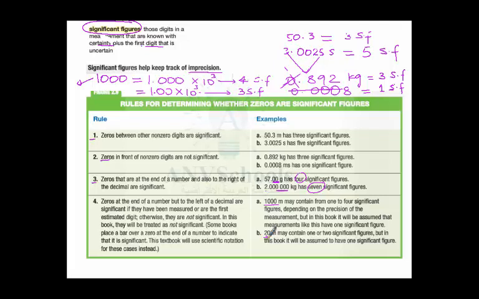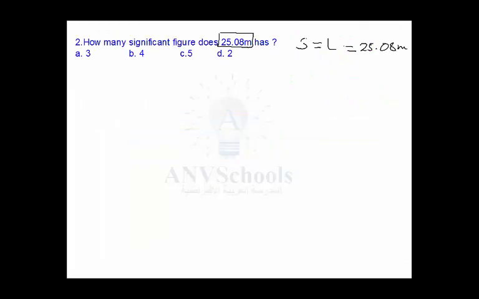Now let's get back to our question. This case, as I explained earlier, 25.08 meter. This zero is sandwiched, or found between two numbers.